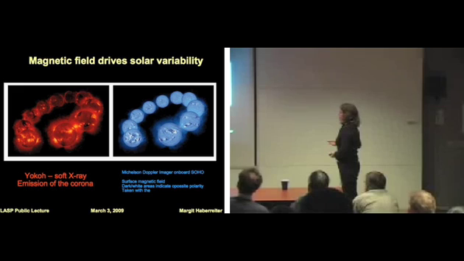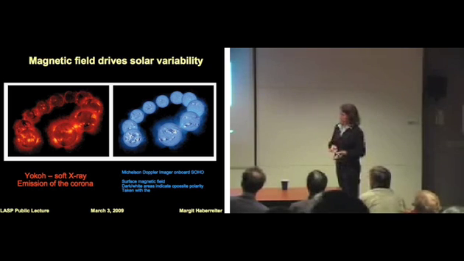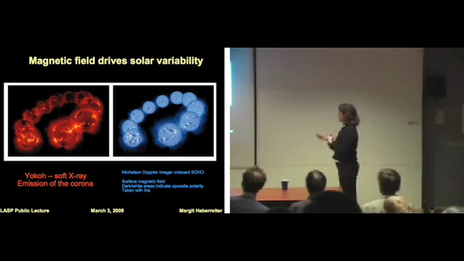To show you what is considered to be the main driver of the solar cycle: it is the magnetic field strength on the surface of the sun. These blue images are taken with the Michelson Doppler Imager on board SOHO, and in fact they use the Zeeman effect I pointed out earlier. So this instrument is able to give us information about the magnetic field strength on the solar surface.